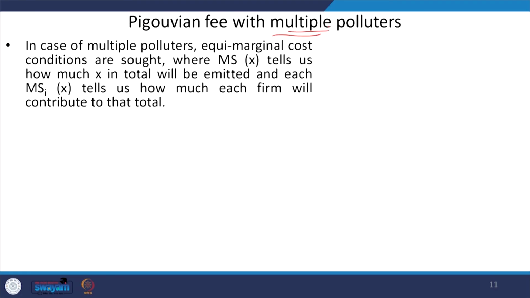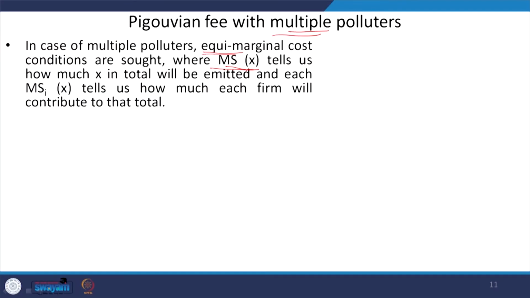So, this is another very common principle we are using in microeconomics. This is the marginal cost condition. So, here in a case of multiple polluters, we are taking into account the marginal saving function of the pollution, right, and we are also taking into account the individual marginal saving function of each individual polluter.